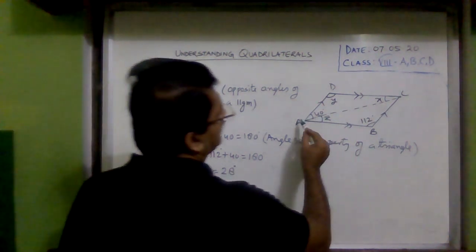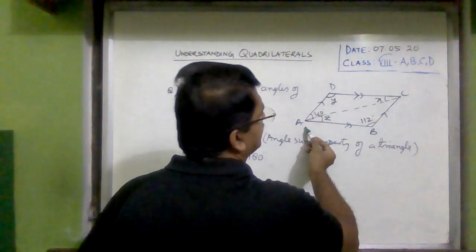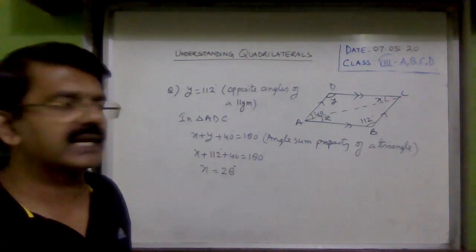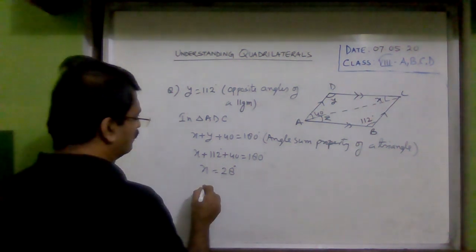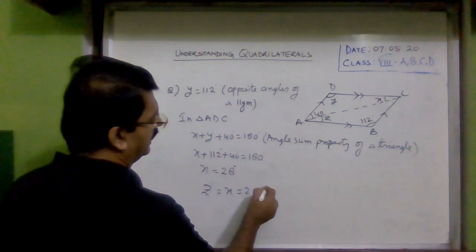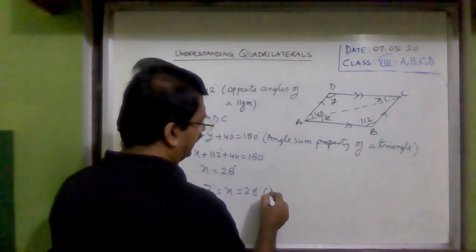Now, as AB and DC are parallel and AC is a transversal, so X and Z are alternate angles, and you know that alternate angles are always equal. So you can simply write Z is equal to X is equal to 28. Reason: alternate angles.